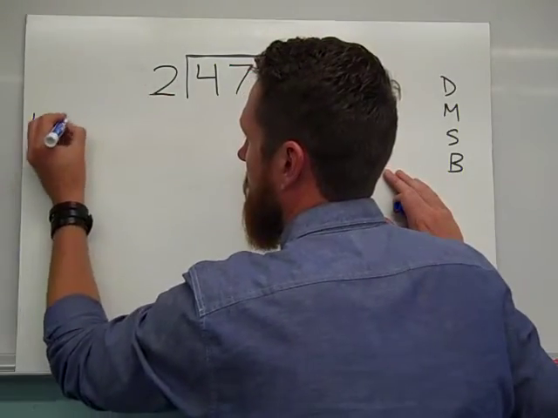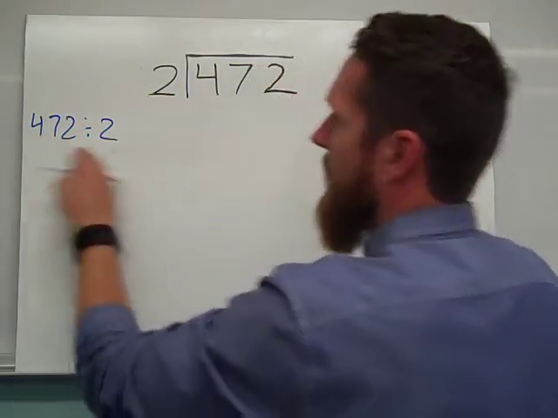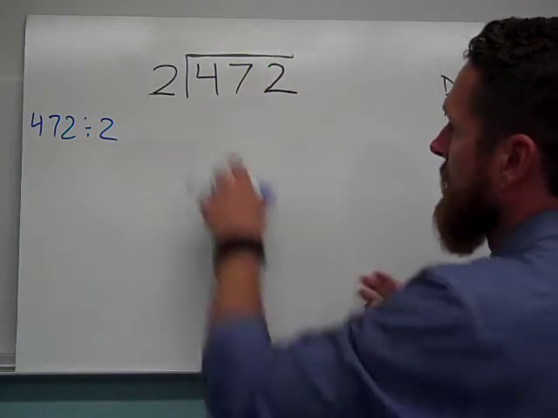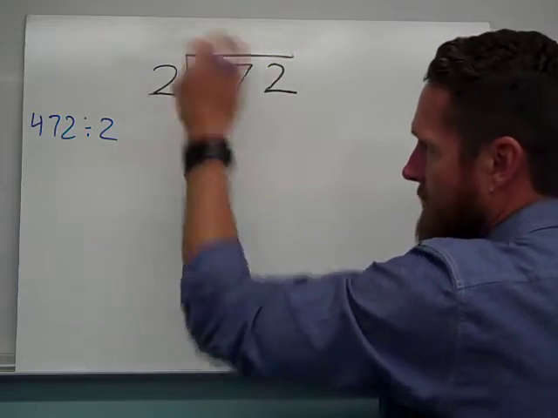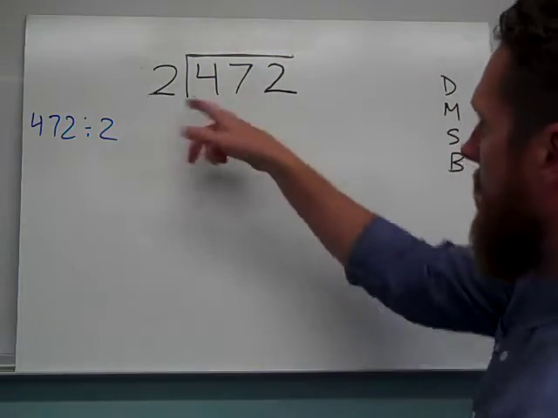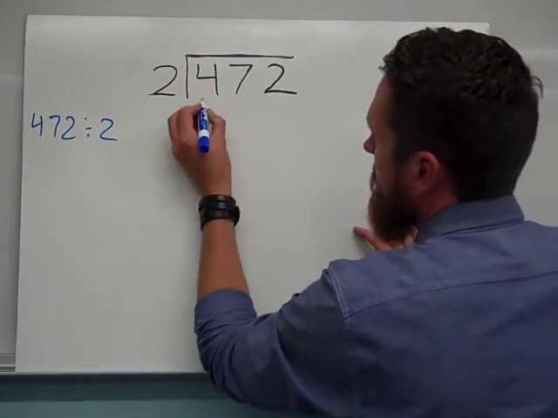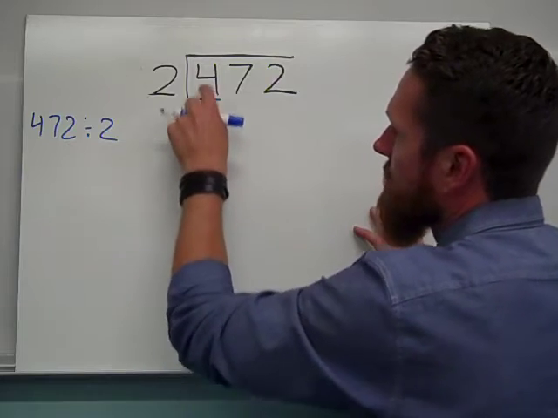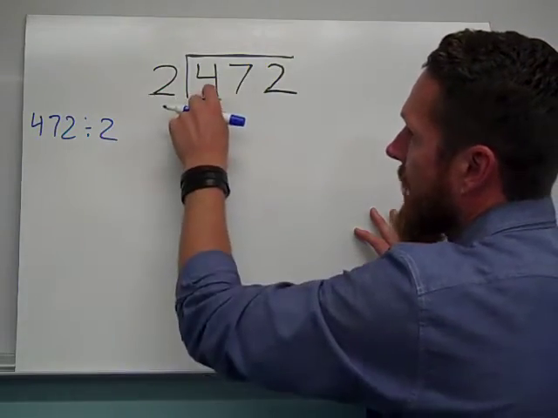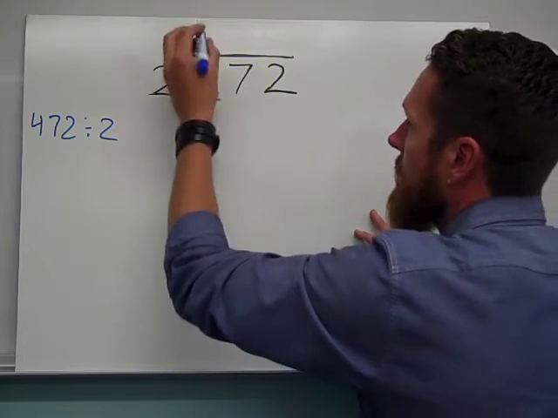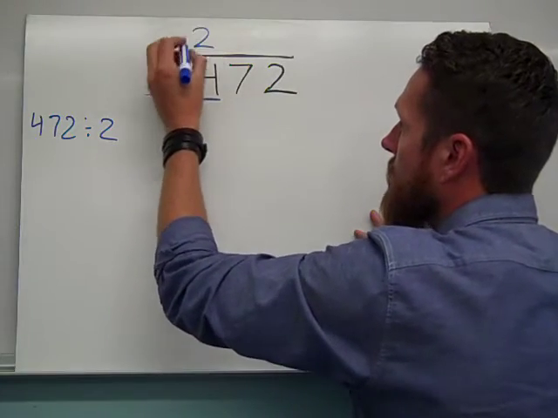That looks like this when it's written out, 472 divided by 2. To do the math, you put the 472 inside the house, the division bar. So what you do is you look at the first digit right here, and you have a 4, and you say 4 divided by 2 equals what number? Well, you know that 2 times 2 equals 4, so you go 2.